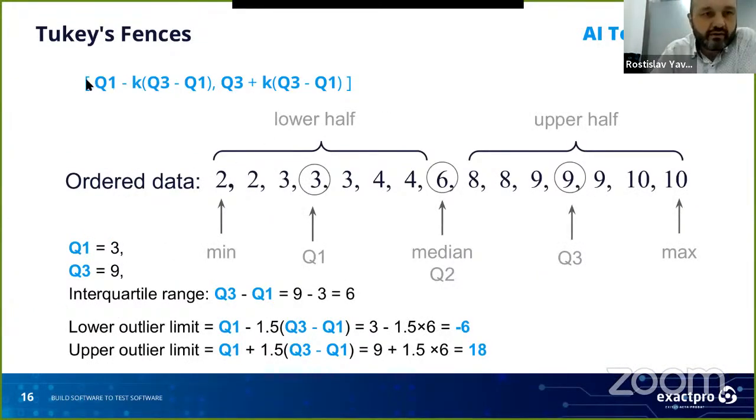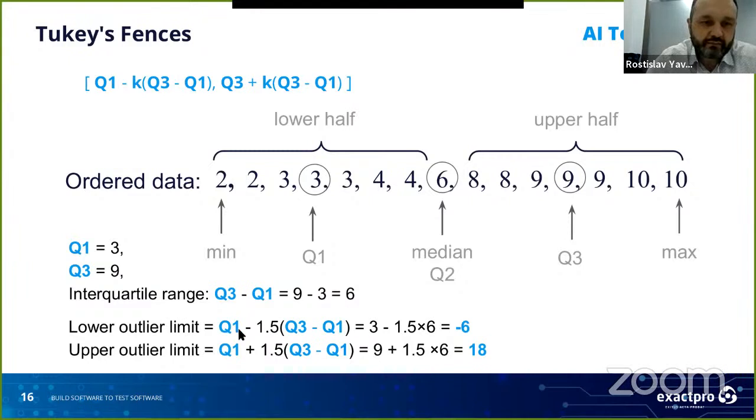So let's see our example. Here's just the formula I copied here. In our case, the first quartile is 3, right? It's here. Then the third quartile is 9, right? So the interquartile range is the difference between the third and first quartile, 9 minus 3 is 6. So 6 is some kind of the size of the core of our data.